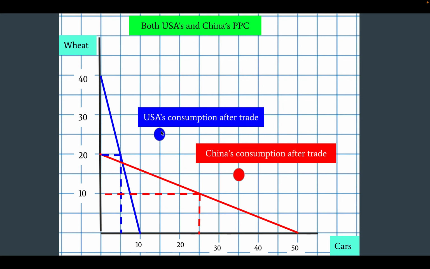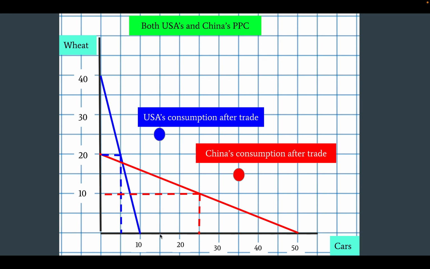Now, is this here better than what they had initially? So America sold 15 units of wheat for 15 cars. Well now they have 25 units of wheat, where before specialization and trade they only had 20. So the price of wheat is going to fall now in America just because there's more available.